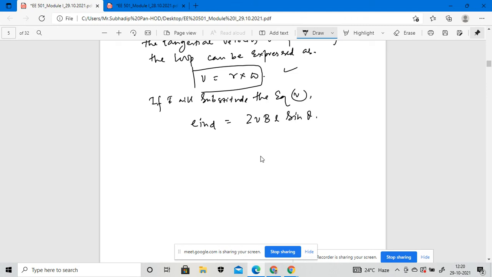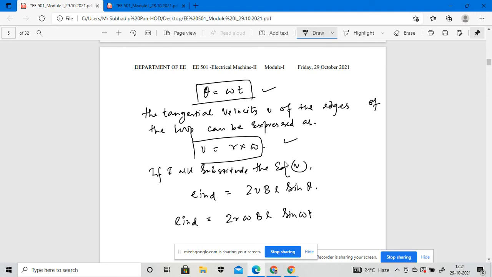Now if I substitute these things, the expression will be e induced equals 2 into r into omega into b into l sine of omega t. Here we consider theta equals omega t, and we put the value of v as r into omega.